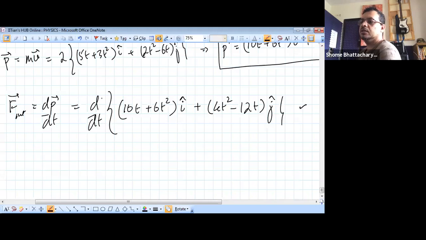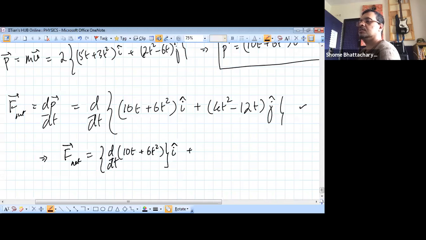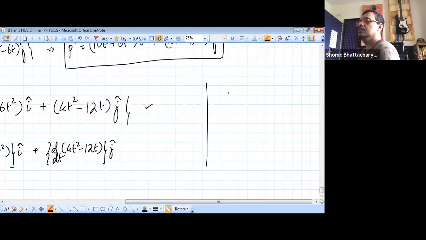Now see, when we use differentiation, just bring this operator inside. So the net force will become the rate of change of this bracket, 10t + 6t^2, into i cap, plus d by dt of this thing, 4t^2 - 12t, into j cap. Here we are just applying the distributive property of differentiation: the differentiation of the sum of two functions becomes the differentiation of the first function plus the differentiation of the second function.